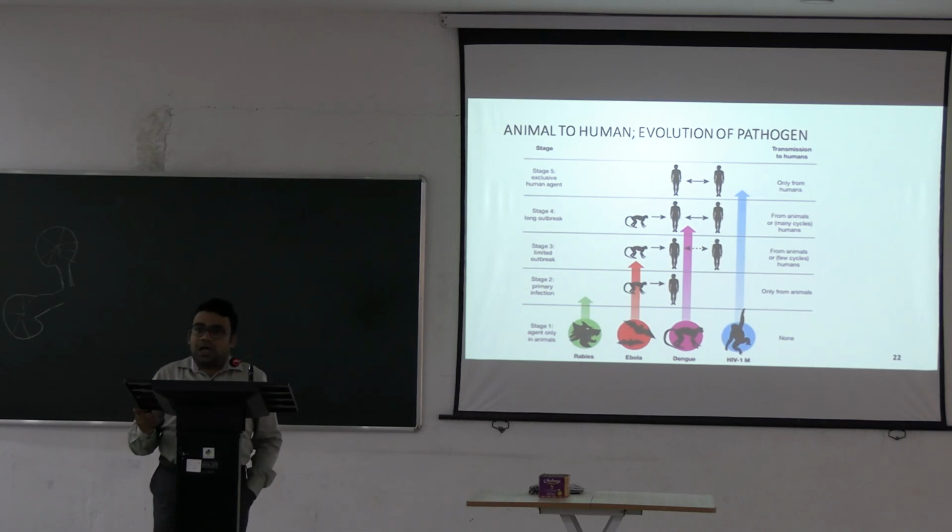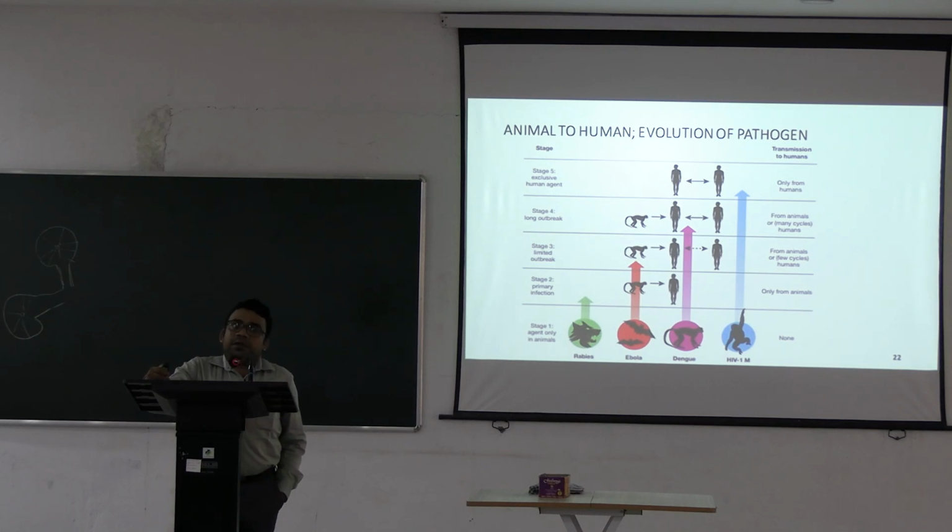However, transmission from one human being to another human being is very rare. In the third stage of the disease, we can see that the same pathogen causes diseases in animals predominantly, but can also spill to human beings and transmit from one human being to another.